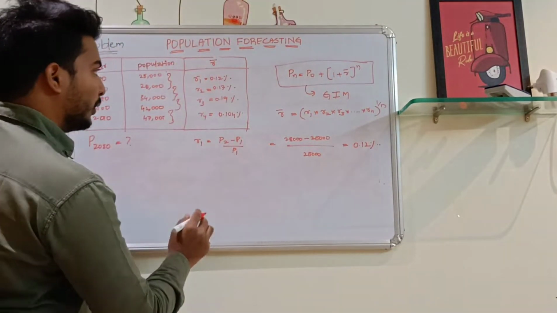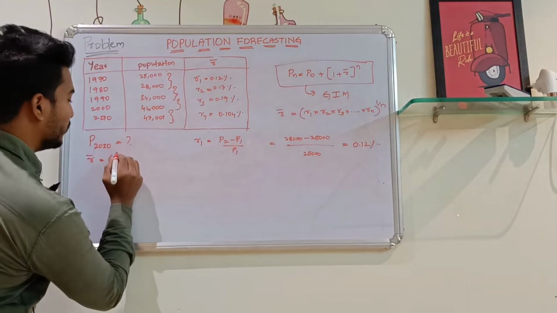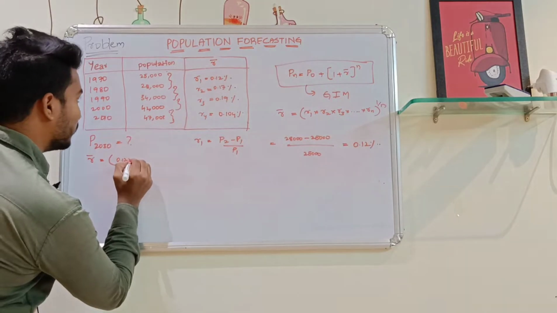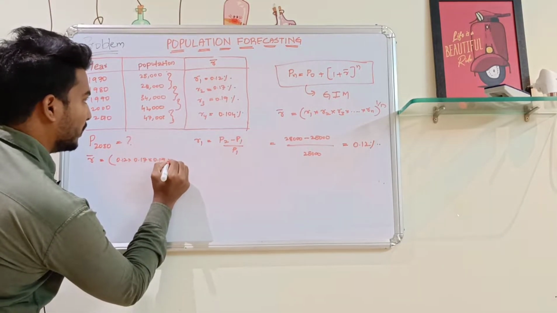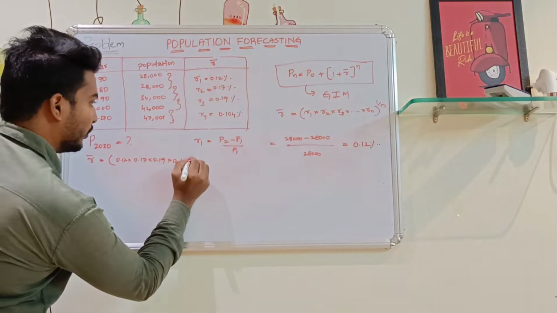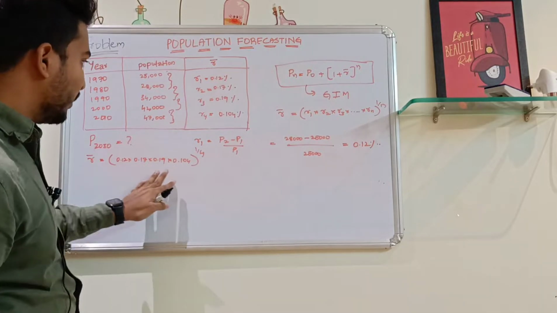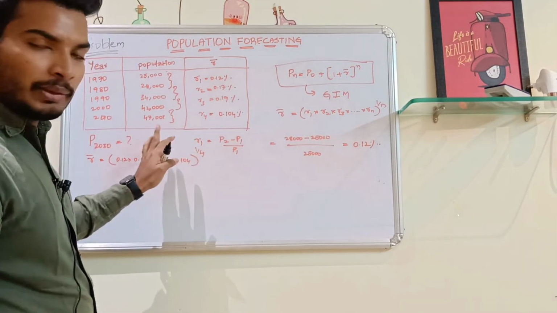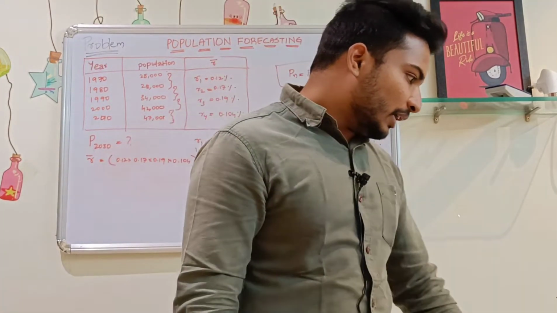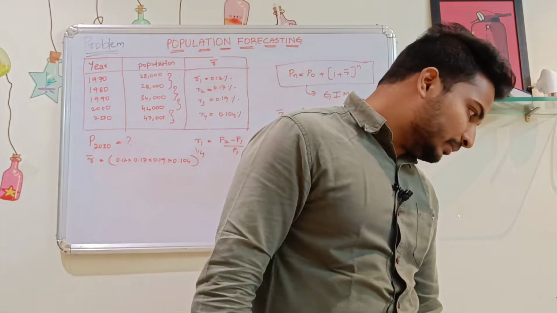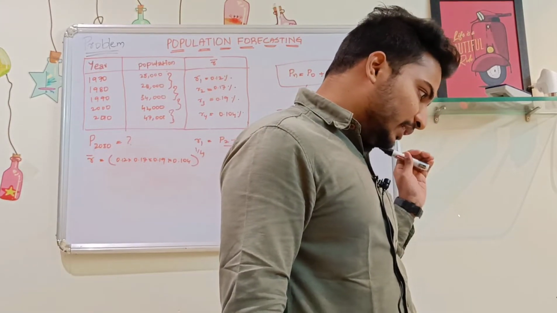So now my next step is R bar. R bar is equal to (0.12 into 0.17 into 0.19 into 0.104) whole power 1 by 4. So there are 4 values. I'm multiplying all the values and having the power of inverse of the number of values. So with 1 by 4, just calculate this R value.